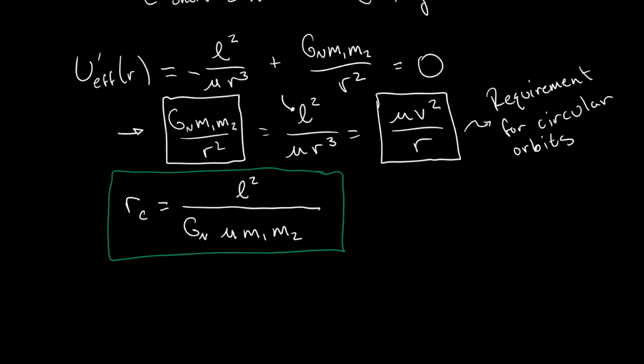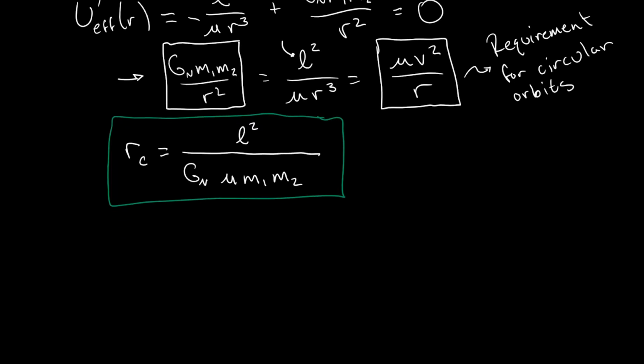But this isn't really the end of the story. This isn't the end of the neat stuff we can do. In particular, we know that potential energies are always going to want to decrease, correct? So if I draw this effective potential, I know that it looks something like this.